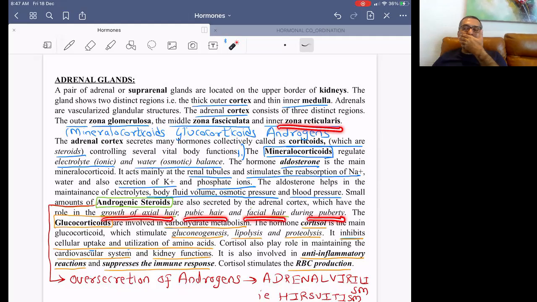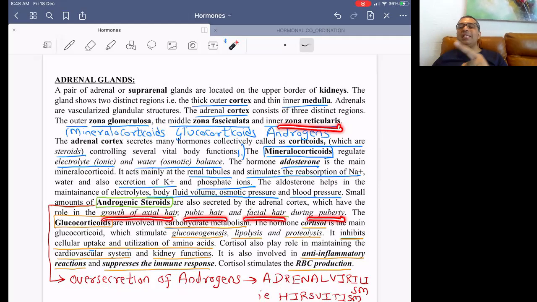Males में our facial hair is grown by testosterone, but in females facial hair is grown by androgens of the adrenal gland. उनमें टेस्टोस्टेरॉन तो होता ही नहीं है. तो androgens of the adrenal gland help in the growth of facial hair, mustache, and beard.